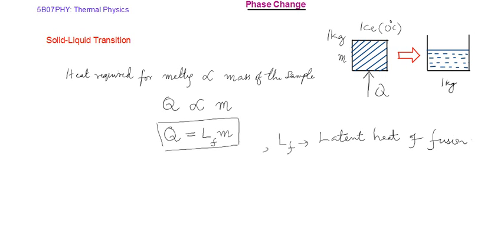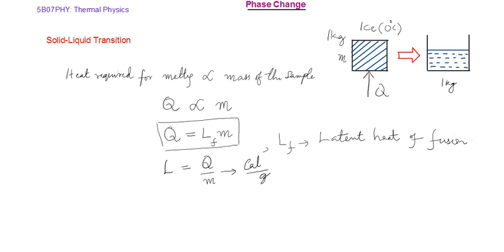Now let us see what is the meaning of this LF. Latent heat of fusion, L or LF, is equal to Q divided by m. That is the definition. The unit is either joule per kilogram, or a common unit, calories per gram, that is usually used for latent heat.